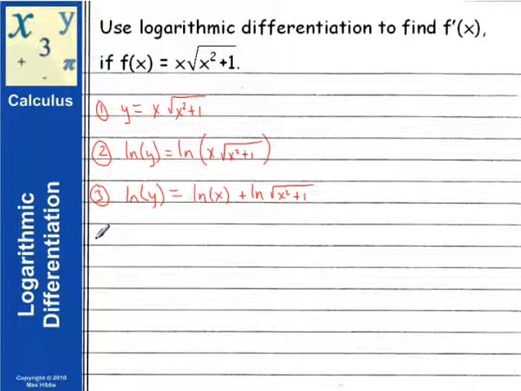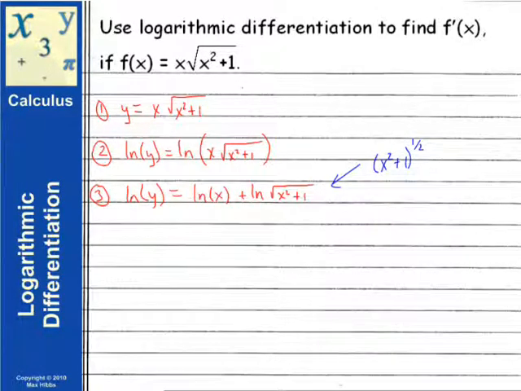Now, we can still simplify further using laws of logarithms, because after all, the square root of x squared plus 1 can be written as x squared plus 1 to the power 1/2. And if we do that, then we can use the third law of logarithms, putting the 1/2 in front of the natural log.